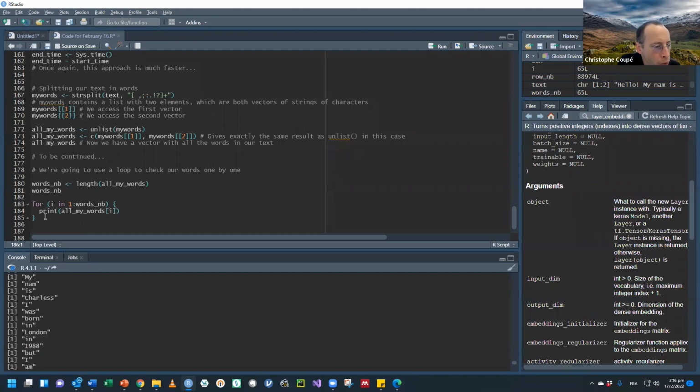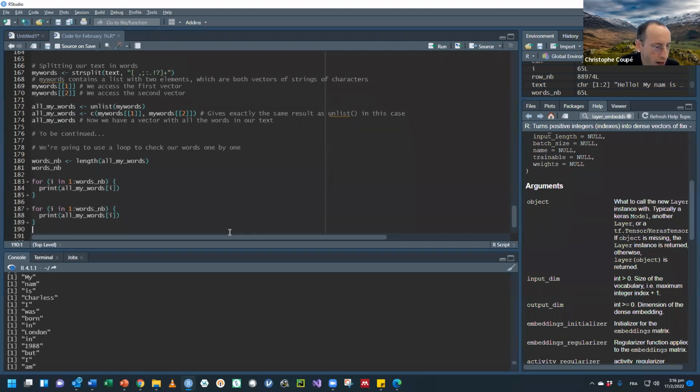So here is a very simple loop. We just use I like this. There is another way to do that, in which you don't use I. What you could do is write W or I, and then you are picking all the elements one after the other in the vector.